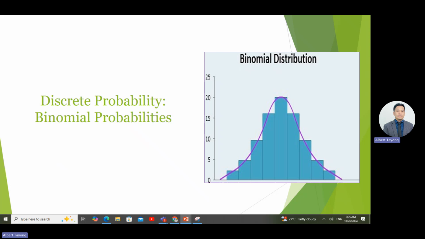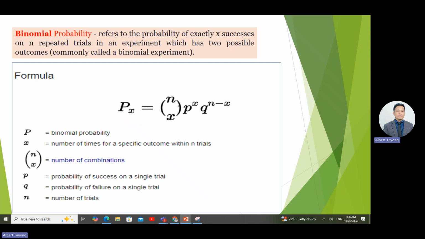A basic or most common example of discrete probability is binomial probability. So what is binomial distribution? When I say binomial, it refers to the probability of exactly x successes on n repeated trials.